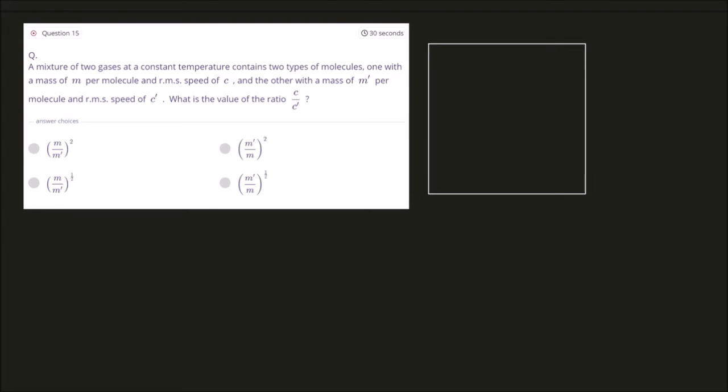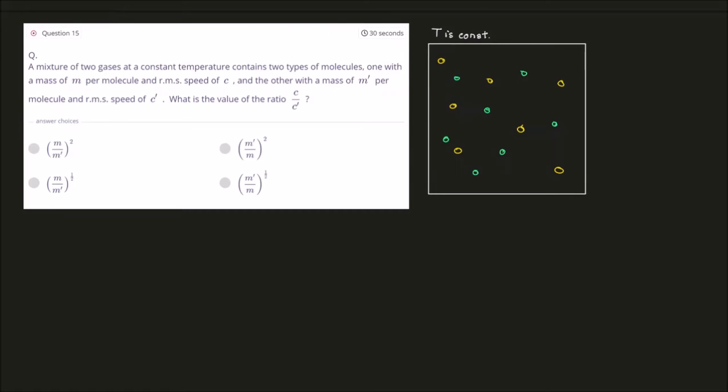Inside there's a mixture of molecules. There's this yellow type of molecule, and at the same time, in the same container, there's this green type of molecule. So two different kinds of molecules, then they mix together to become a gas mixture. And this gas mixture has a constant temperature. T is constant.